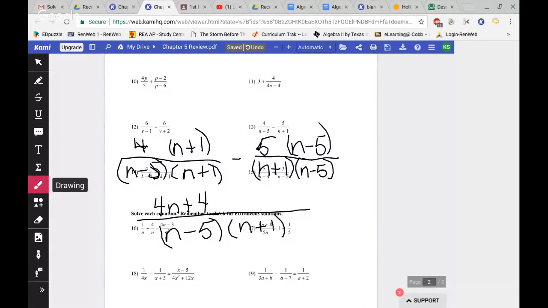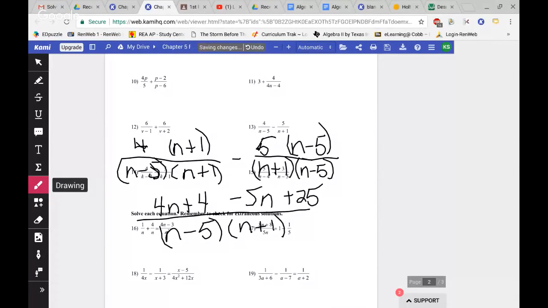And then once again, be very cautious. You want to distribute that negative 5. Negative 5 times n is a negative 5n. And then negative 5 times a negative 5 is a plus 25.